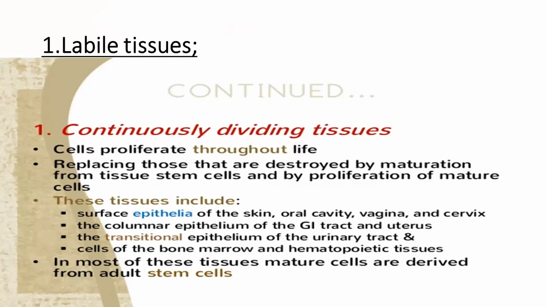These tissues include surface epithelia of the skin, oral cavity, vagina, cervix, the columnar epithelium of the GIT and the uterus, the transitional epithelium of the urinary tract, and the cells of bone marrow and hemopoietic tissues. In most of these tissues, mature cells are derived from adult stem cells.